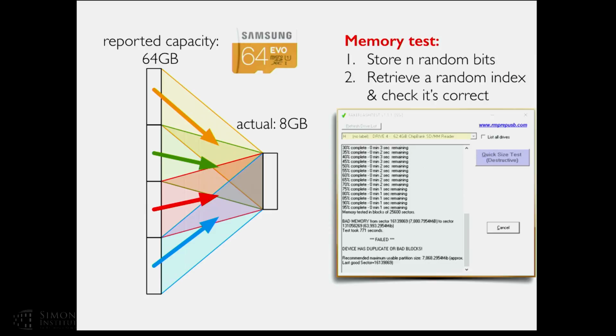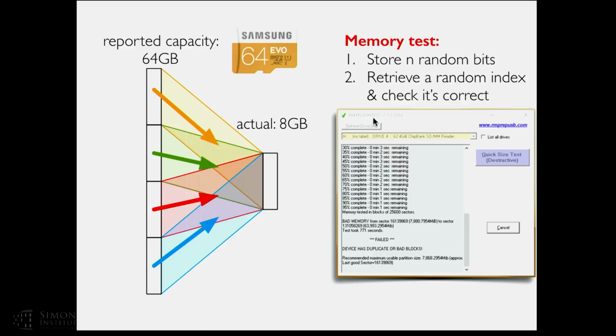Fortunately, this is something that you can test. There are programs you can download if you trust them, like Fake Flash Test. And it's also easy to come up with theoretical tests. If you want to check that you have 64 gigabytes of memory space, you can just come up with 64 gigabytes of random bits, store them to the card, and then read them back and see that it works. That's a good test.